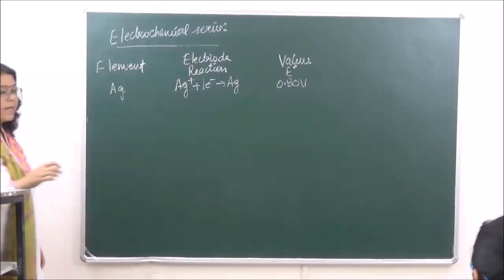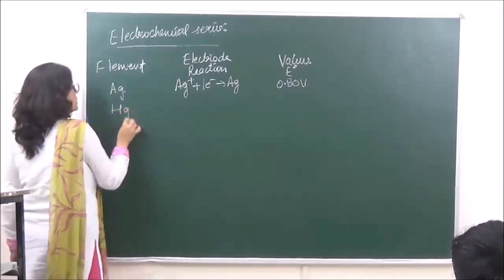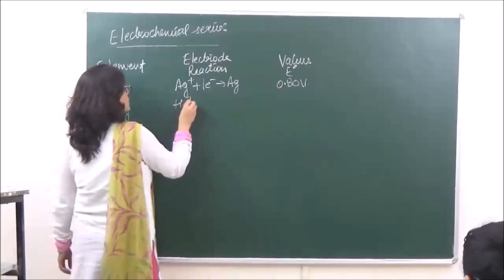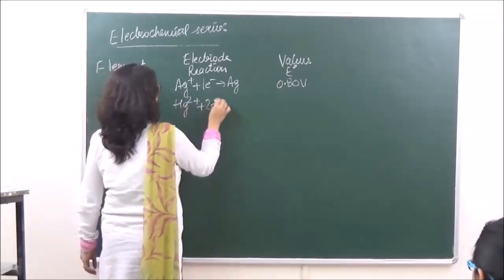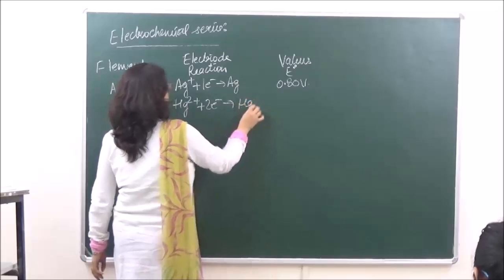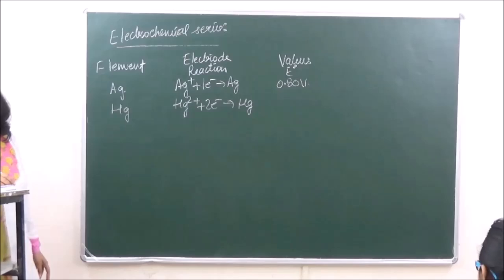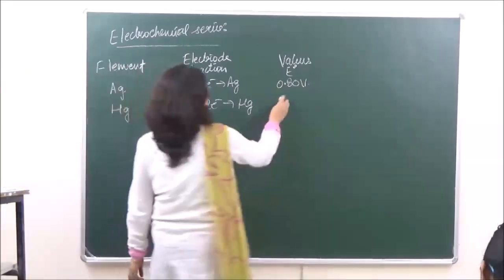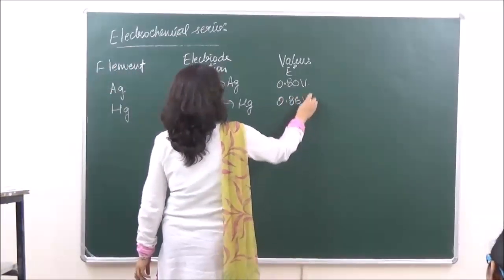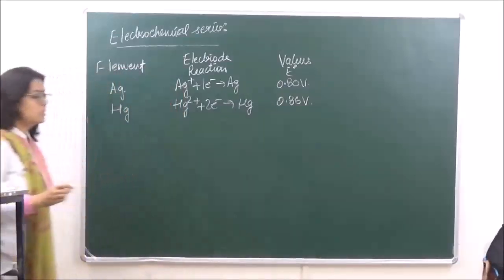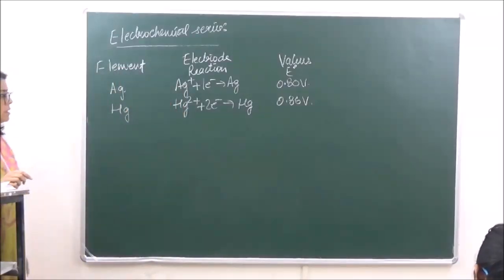After Ag is Hg, to give us Hg, and the value is 0.86 volts. So you can see that the values of the reduction potentials have now started increasing.